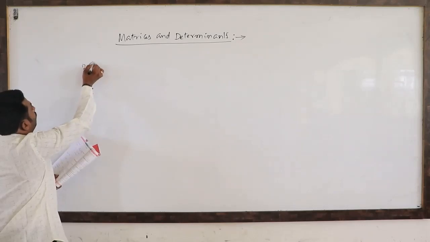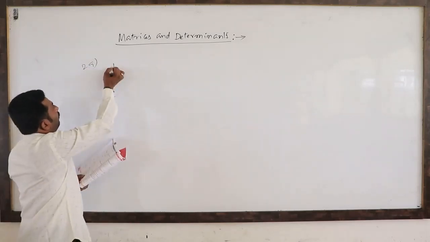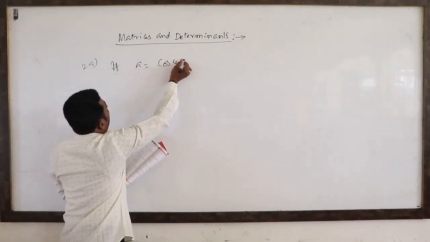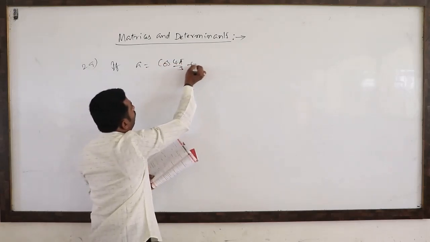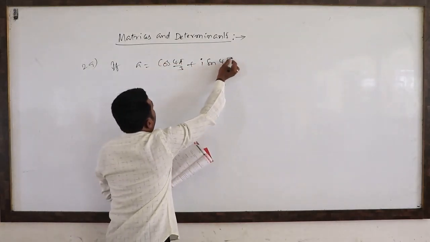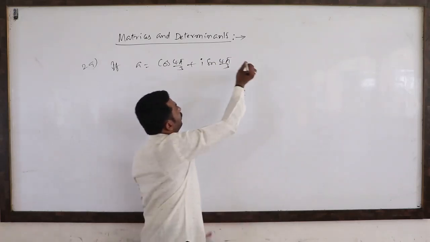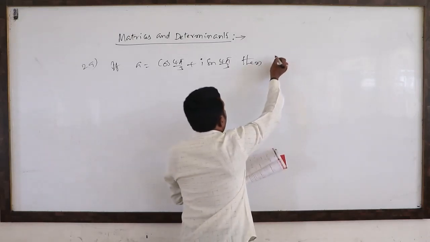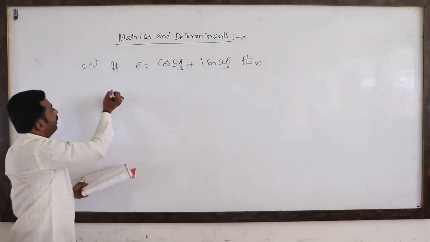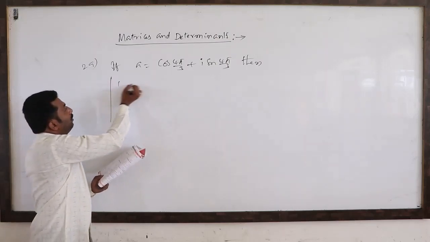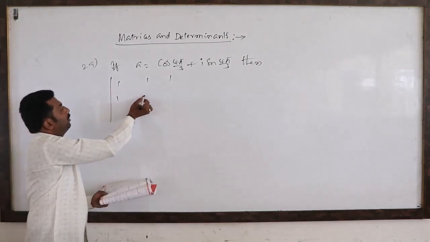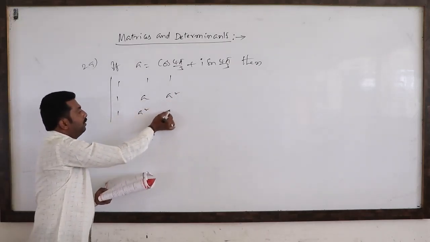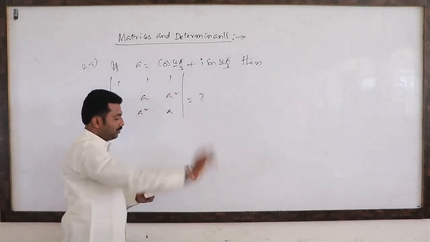Question 29. If A equals cos of 4 pi by 3 plus I into sin of 4 pi by 3, then the determinant of 1 1 1; 1 A square 1; A square A 1, the value they are asking in the question.